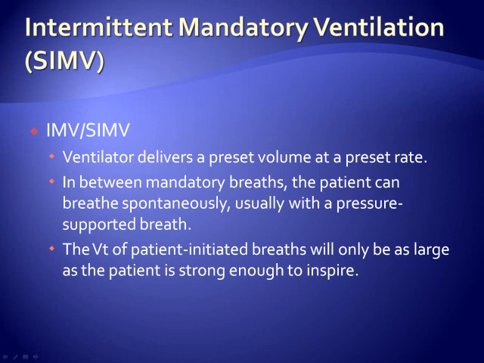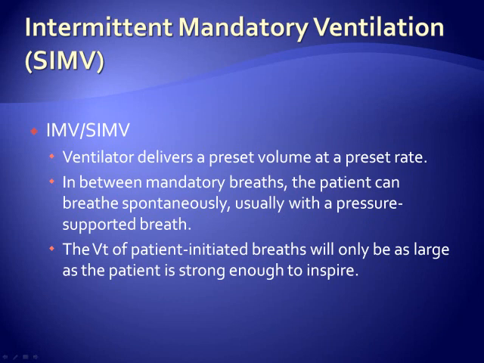Now what happens in SIMV is that the ventilator only delivers the breaths that are ventilator breaths. In other words, if we set the ventilator for 10 breaths a minute, the ventilator is only going to deliver 10 breaths a minute. If your patient breathes at a rate of 18, the ventilator does not deliver those additional 8 breaths like it did in assist control. Now the patient's going to have to draw those breaths in himself.